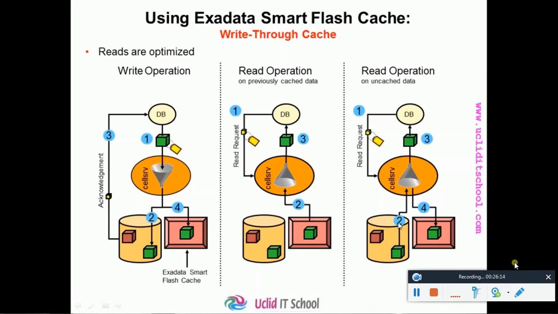Once it reads from disk, it forwards that to the database server and also caches that block inside the flash cache if it is eligible for caching, so that the next read operation will again be served by the flash cache. That way all the read operations are optimized, whereas the write operations are directed to the hard disk. Read operations are directed to the flash storage.